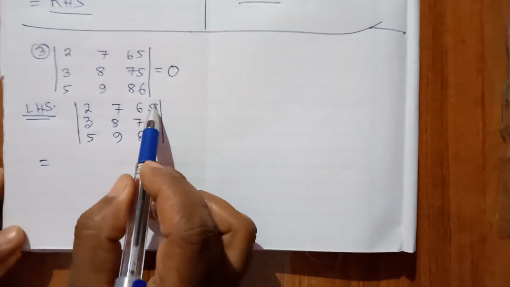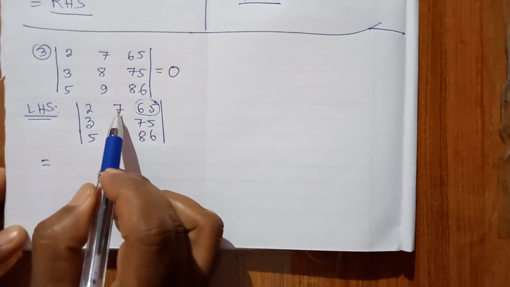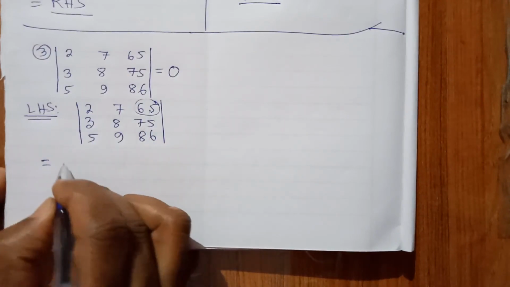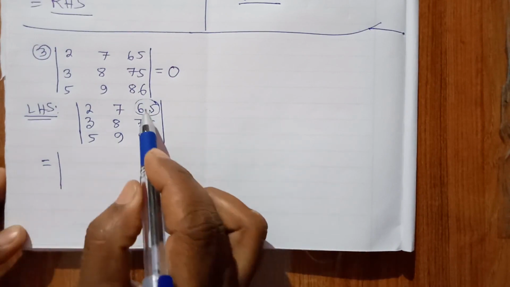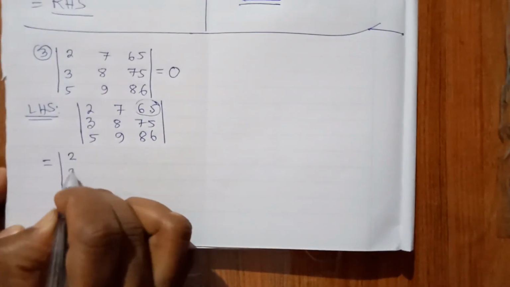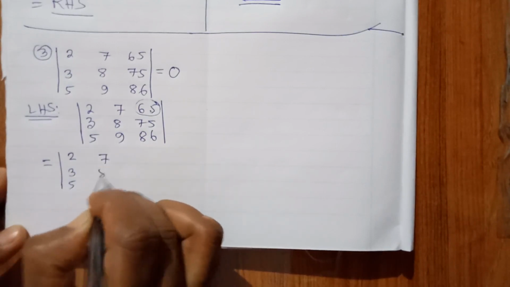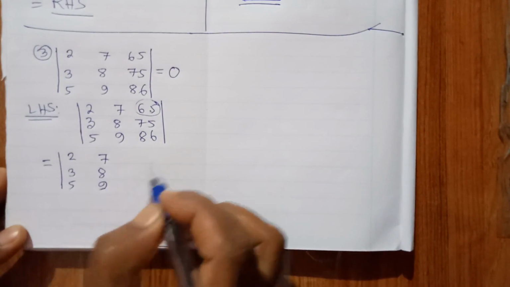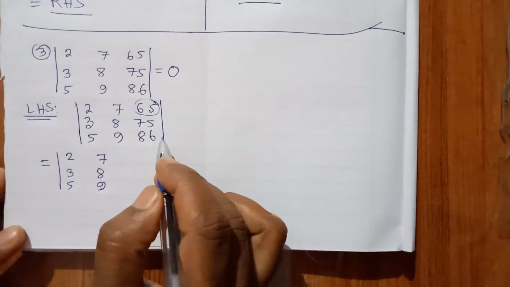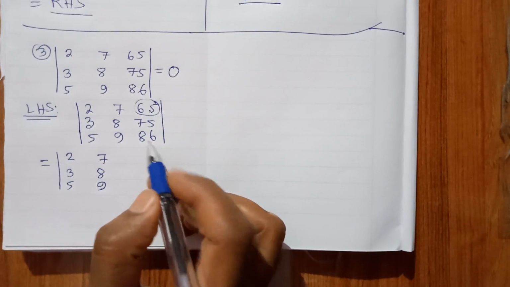So if you think about 65 divided by 7, how many times will it go? Changes will happen in column 3, so the first column will remain as it is. Now write the third column using the dividend, divisor, quotient format.